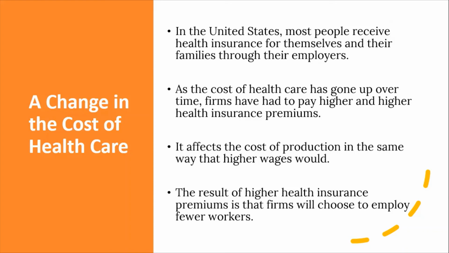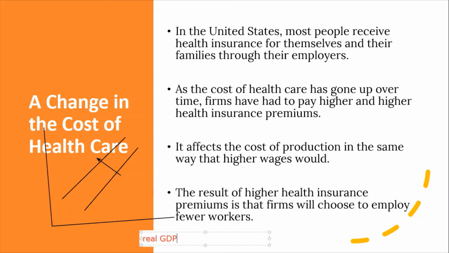They pay for the insurance privately, while we get it through the government here. So that can increase production costs. This might lead to firms hiring fewer workers, and this would shift supply to the left. Supply would shift left in this case because they're paying more for health insurance for these workers.